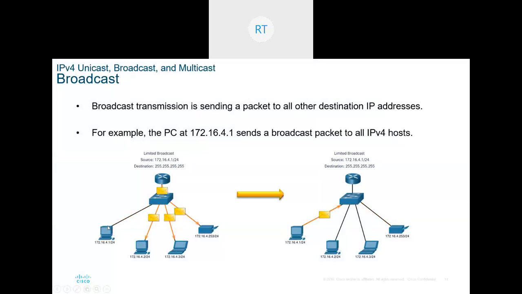So when this node is sending a broadcast message, in the destination part you'll have a broadcast address, and it goes to all the nodes on the network. And I think when we were talking about IP addressing last time, at the network layer, we said we do not have broadcast addresses in IP version 6. When we talk about IP version 6, you shall see there is no broadcast.